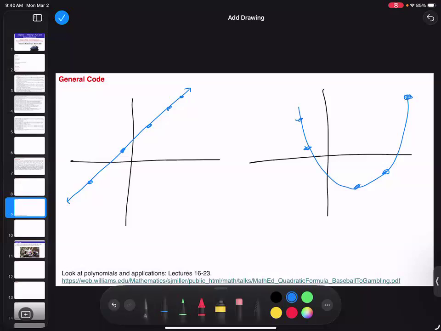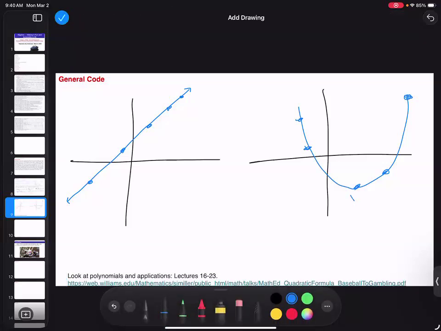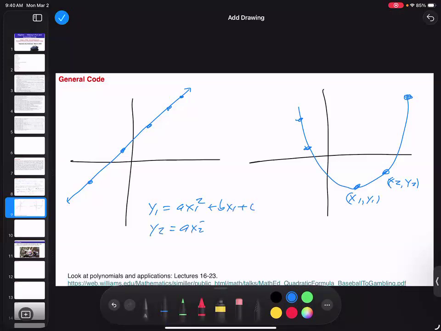Yeah, you would then have, let's say this is x1, y1, x2, y2, and so on. So you would have y1 equals ax1 squared plus bx1 plus c, y2 equals ax2 squared plus bx2 plus c, y3 equals ax3 squared plus bx3 plus c.